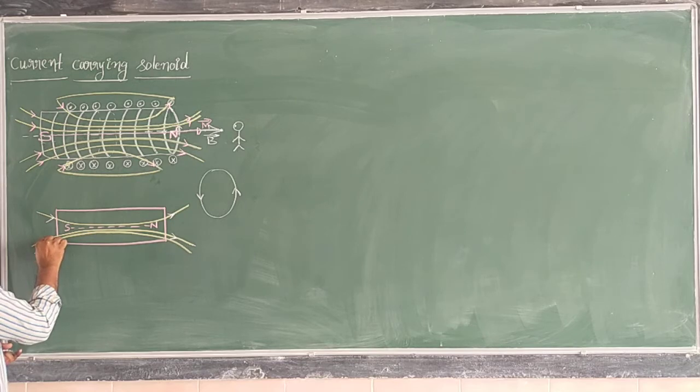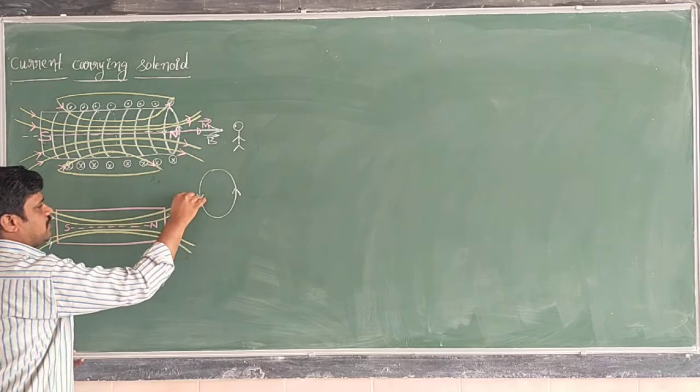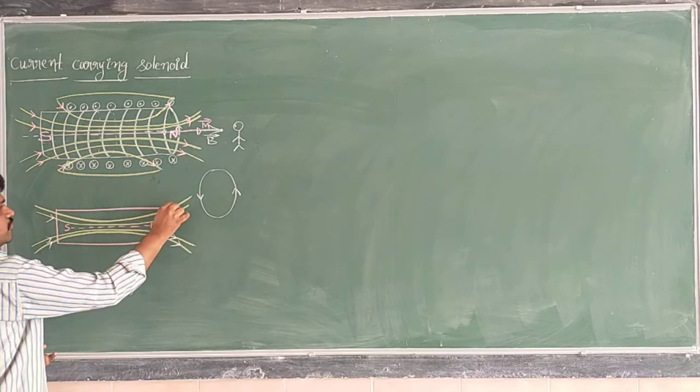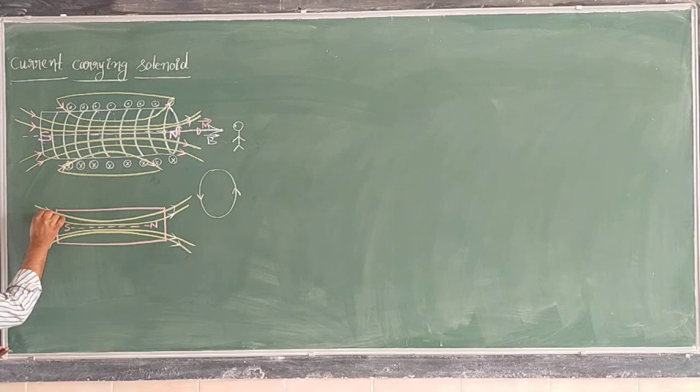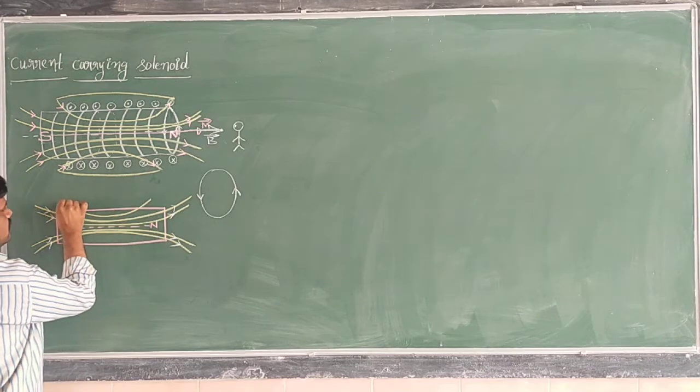This is inward and this is outward. Here also you see, the north pole is outward and the south pole is inward. Finally, I can draw like this.